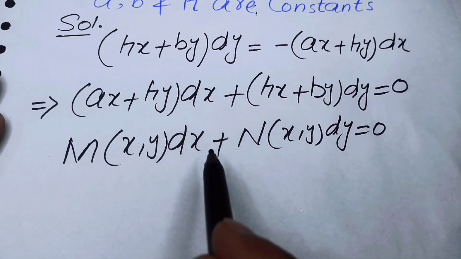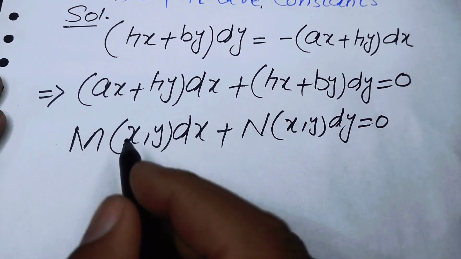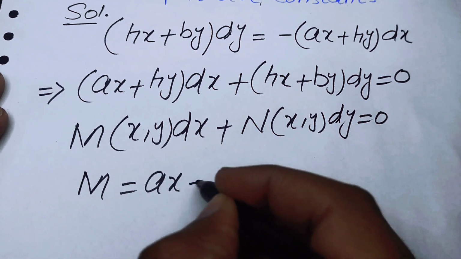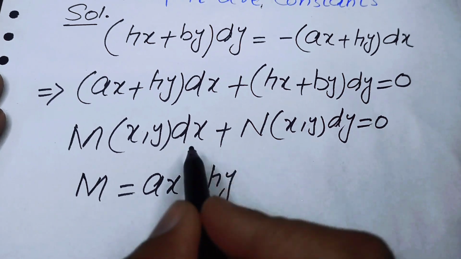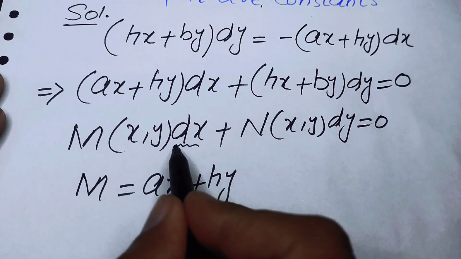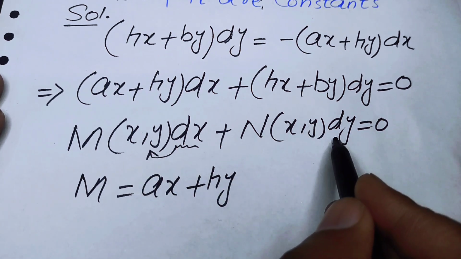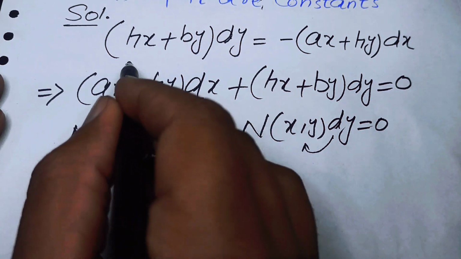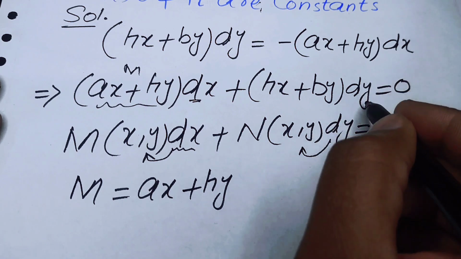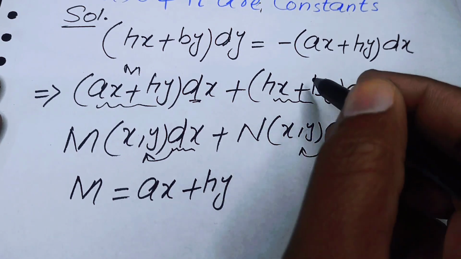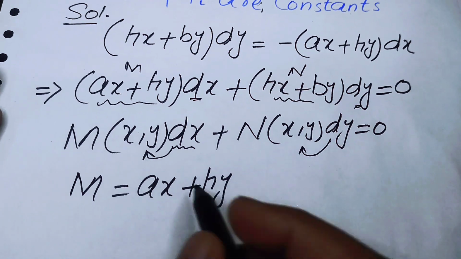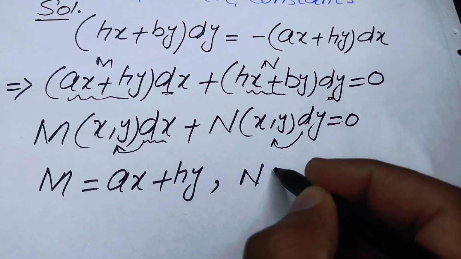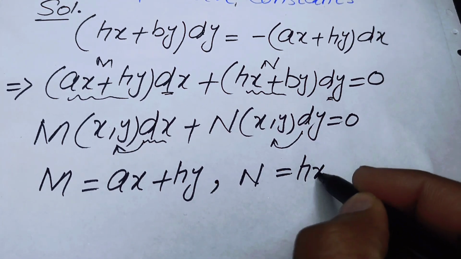When we compare these both equations, then we will get the value of M is ax + hy, because the coefficient of dx is denoted by M and the coefficient of dy is denoted by N. So the value of M is ax + hy and the value of N is hx + by.